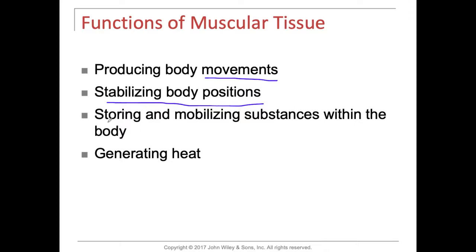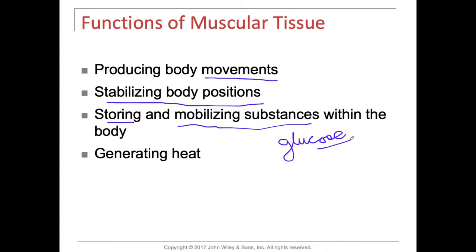Muscles are involved in storing and mobilizing substances within the body. Well, what is stored within muscle? We have something called glucose. Anything that ends in "ose," like glucose, fructose, sucrose, is a sugar. And glucose in high concentrations is toxic.